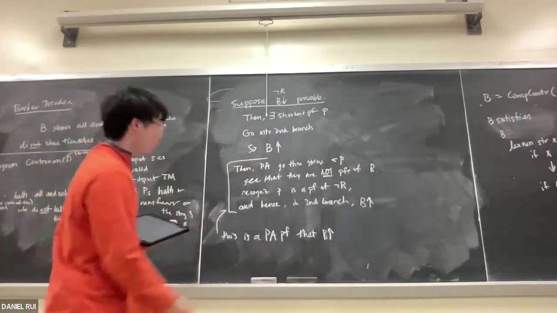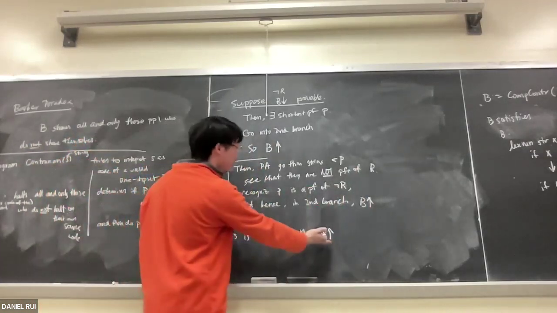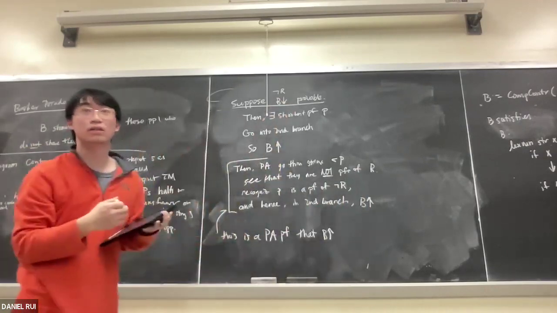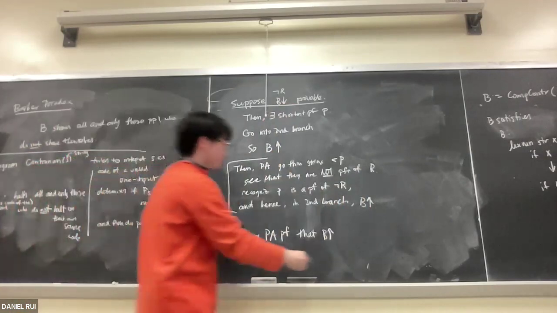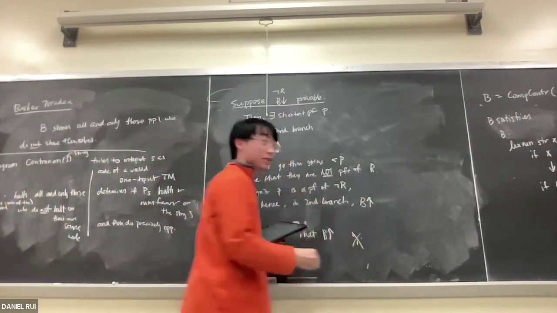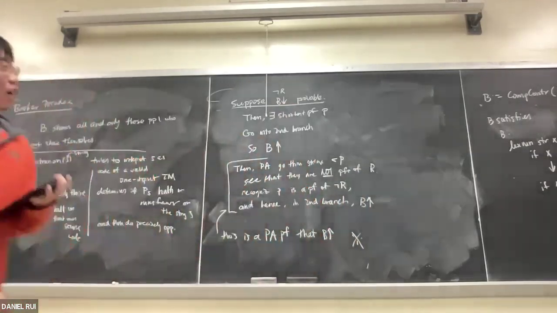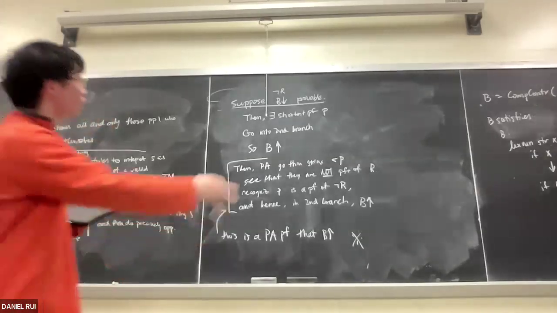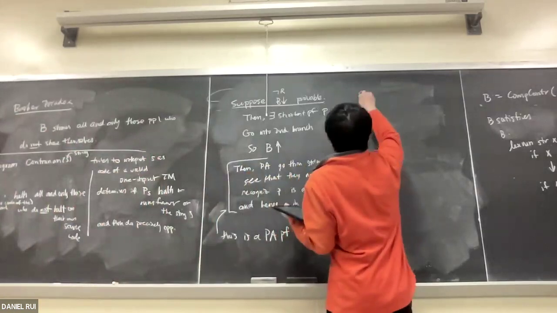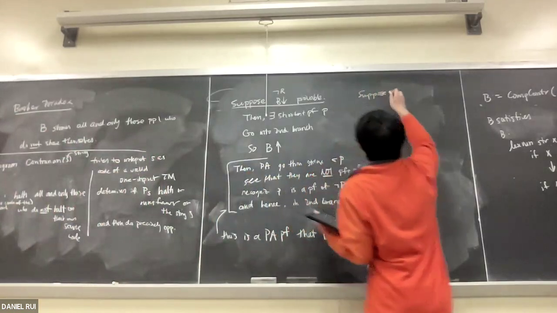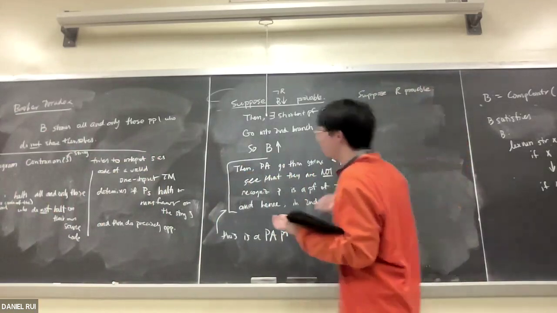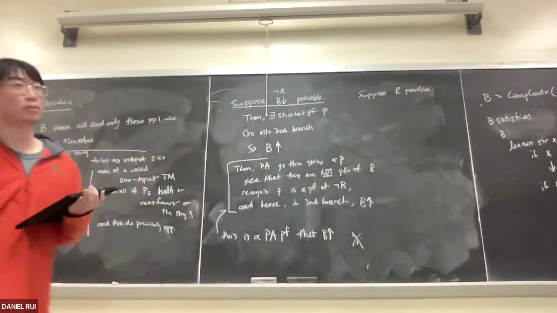So again, I have that Peano arithmetic has proven that B runs forever, and also that B halts. So again, I reach a contradiction. Okay, sort of long-winded. You can also do the same thing for supposing that R is proven, and it's all the same.